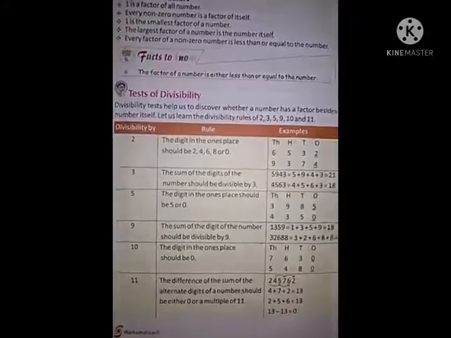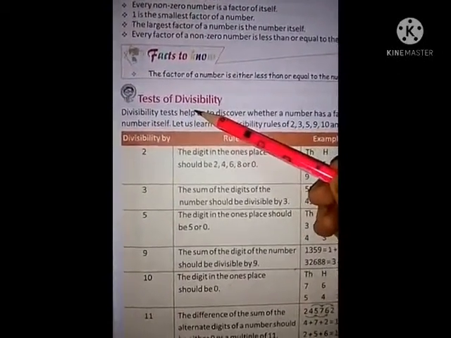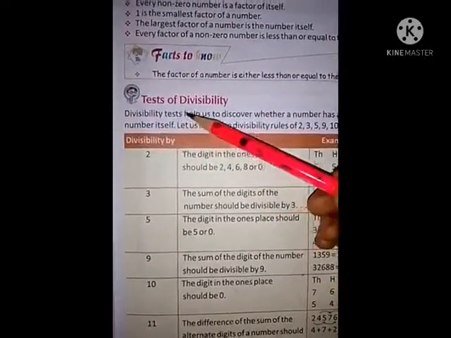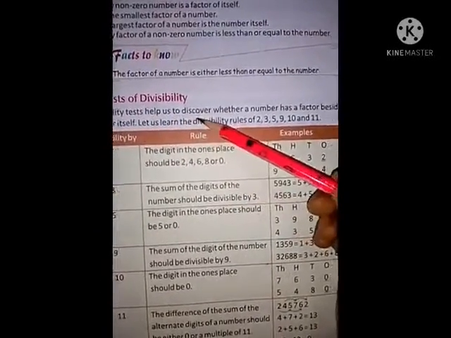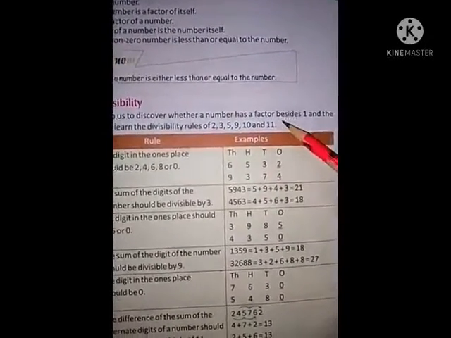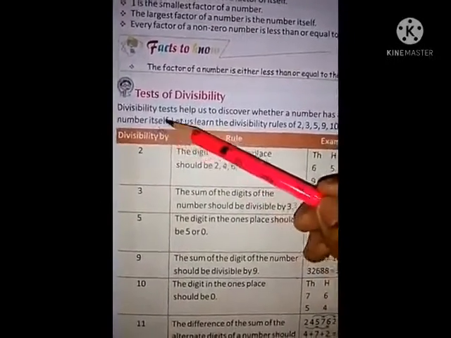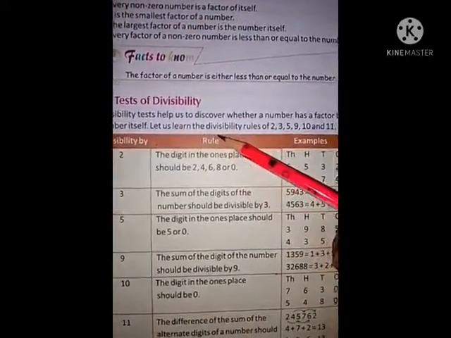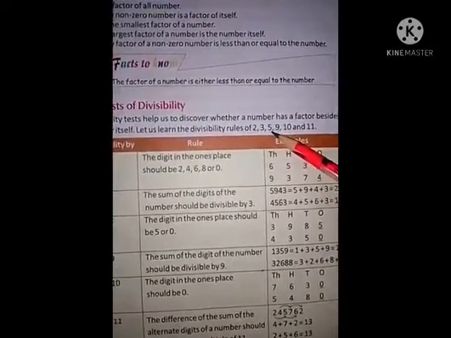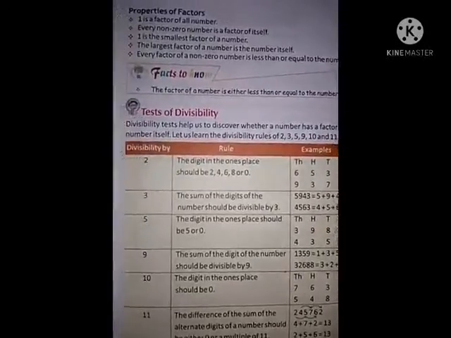Today, we are going to learn tests of divisibility. A divisibility test helps us to discover whether a number has a factor besides 1 and the number itself. Let us learn the divisibility rules of 2, 3, 5, 9, 10 and 11.